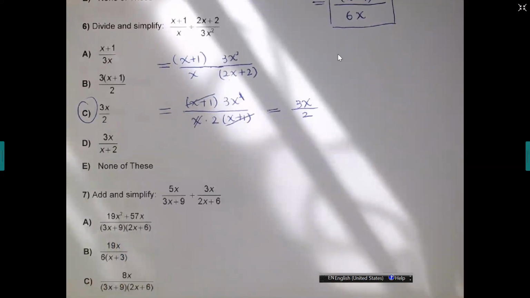When we do the addition, remember, we can only add 2 fractions or 2 rational expressions when they have the same denominator. So addition or subtraction, they act the same. When they have the same denominators, we keep the common denominator and either add or subtract the numerators.